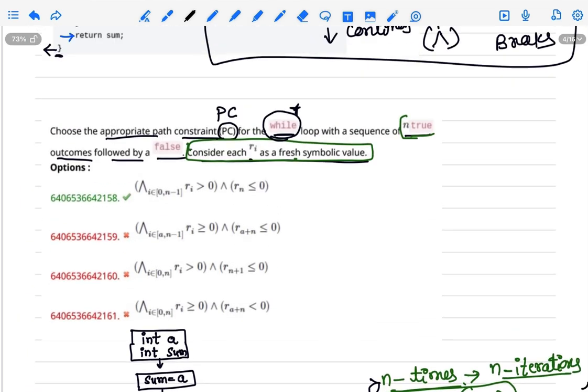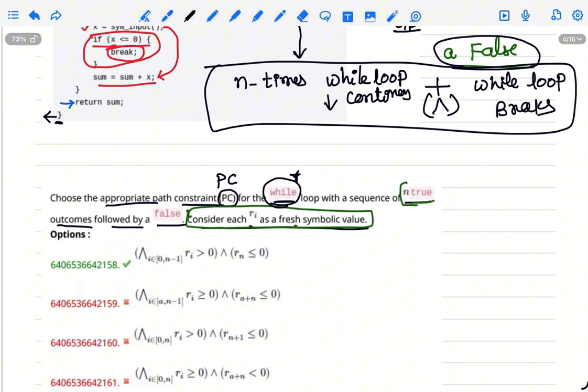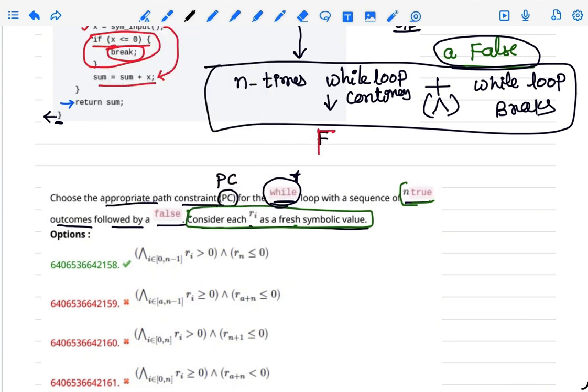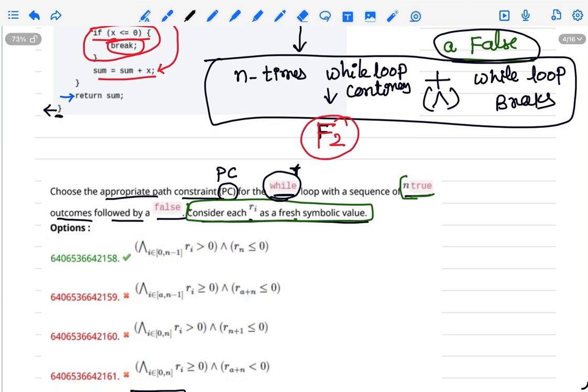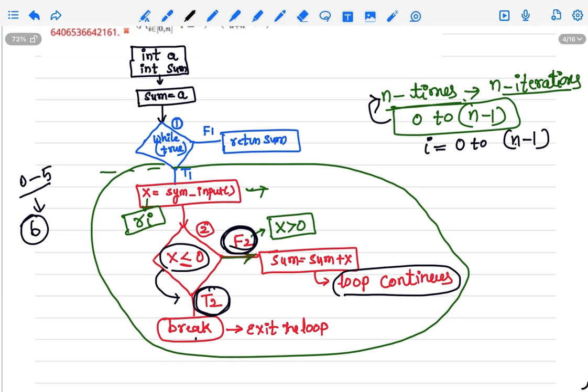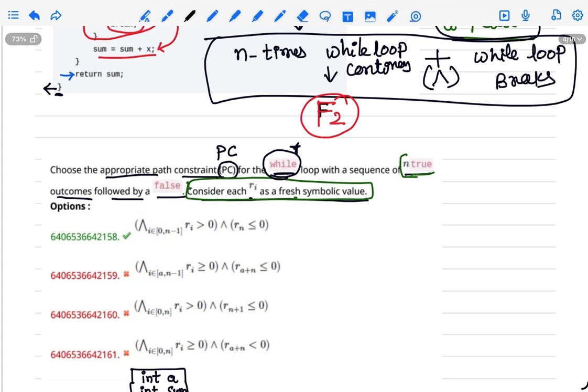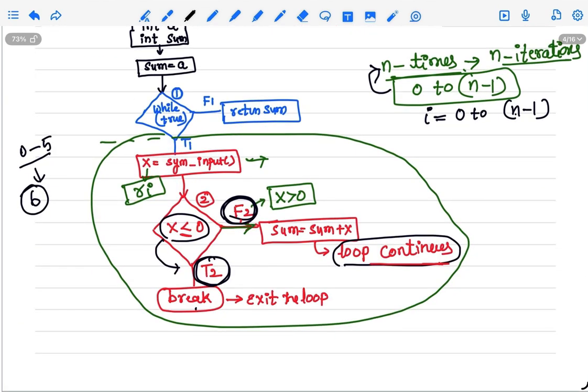So for this, n times the loop conditions are false, F2 condition false. For the false F2 condition, the loop continues, while the loop breaks for T2 true. Here the condition is true, break, exit the loop, right?